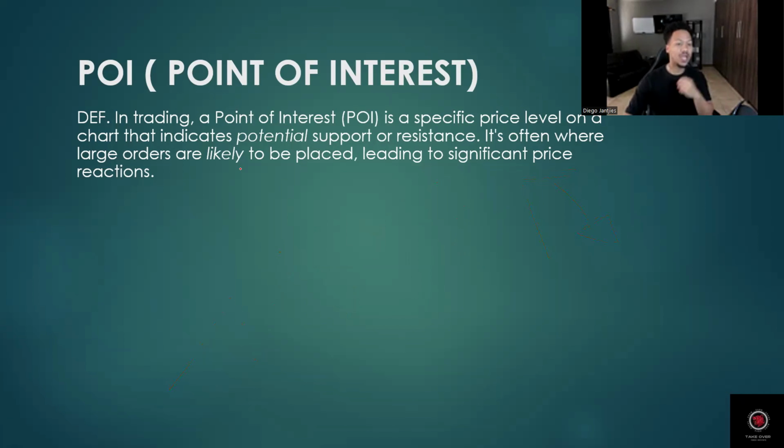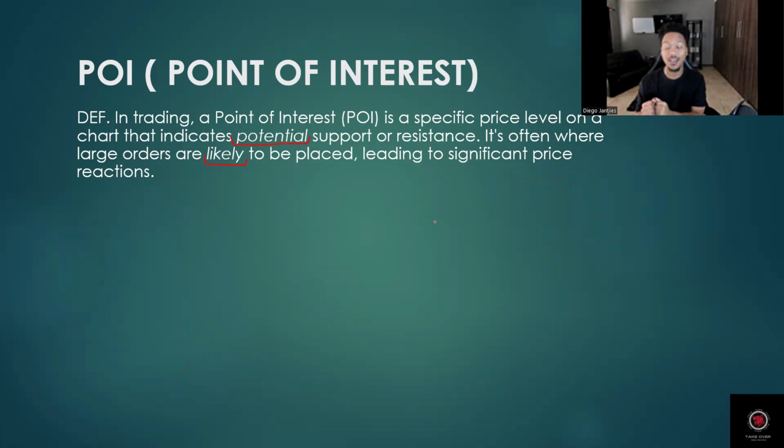Now, I want to put emphasis on the words potential and likely, because nothing inside trading is guaranteed, right? It's not guaranteed that we are going to tap within our point of interest and have a reaction from that area, right?